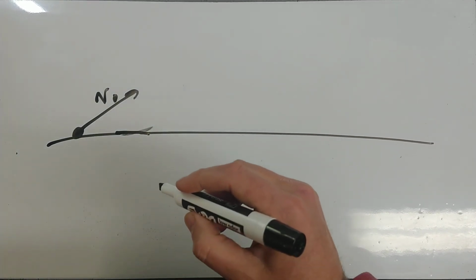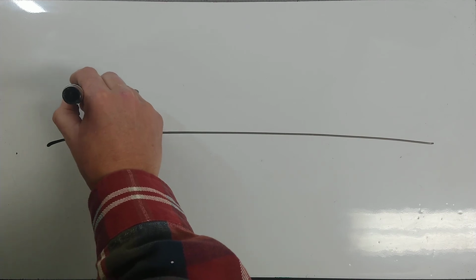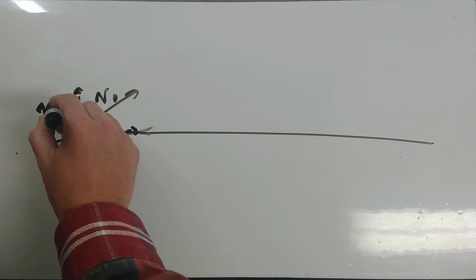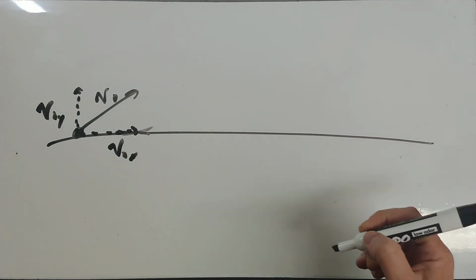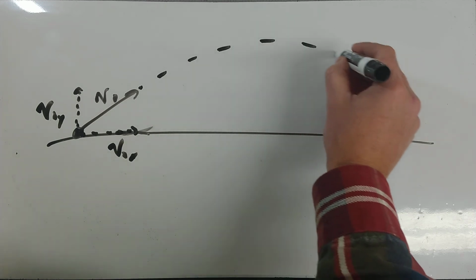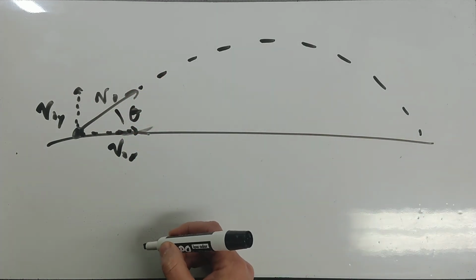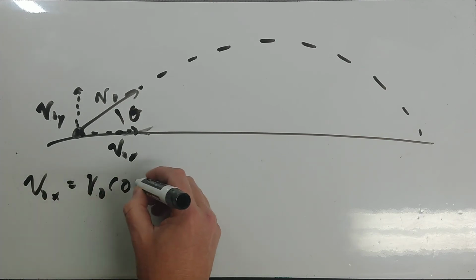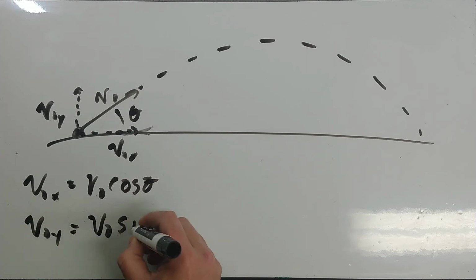Now, instantly, you can break that into two components, v naught y, v naught x. All right. Now those components you can determine from the angle at which the projectile is launched. So v naught x is v naught times the cos of theta. V naught y is v naught times the sine of theta.